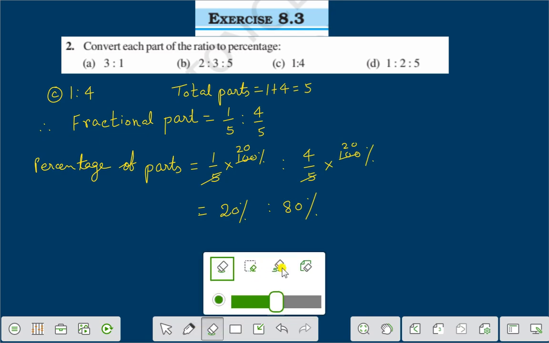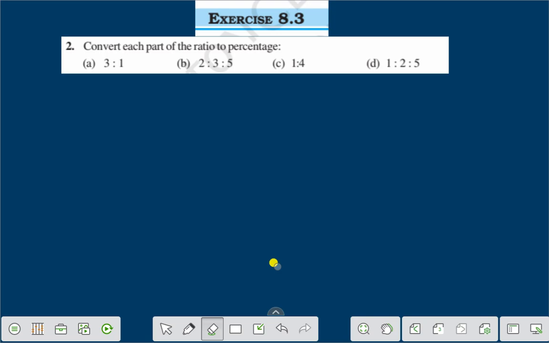Let us find question number D. Total parts is equal to 1 plus 2 plus 5. 5 plus 2, 7 plus 1, 8.